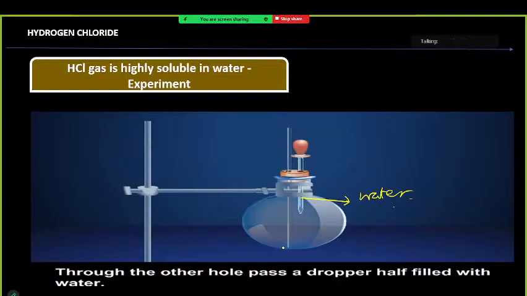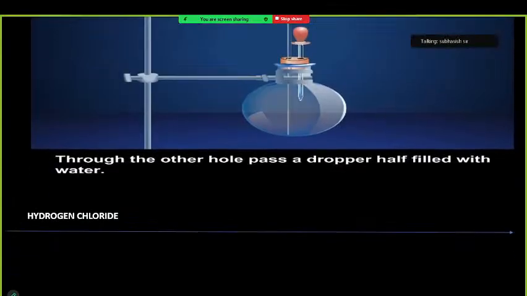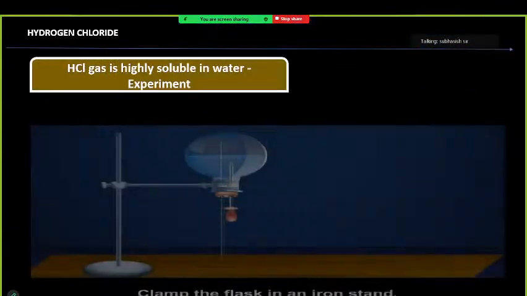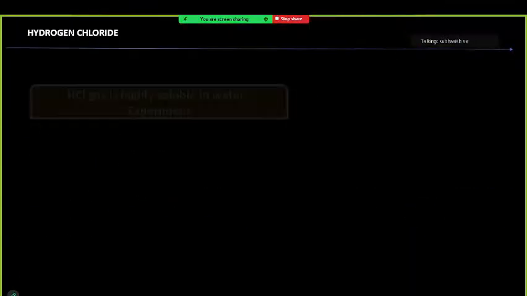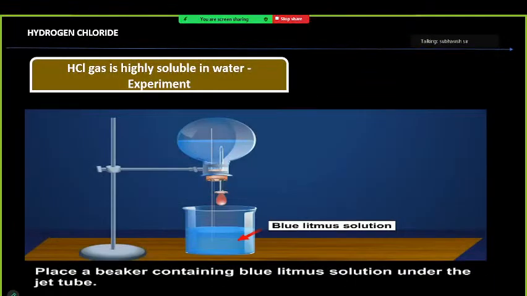Now this total system is placed inverted. The upper part contains HCl gas, and the lower part contains a blue litmus solution.